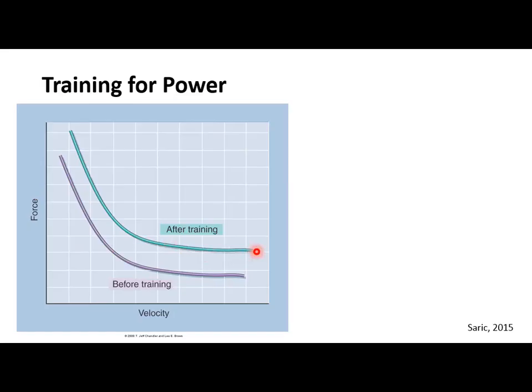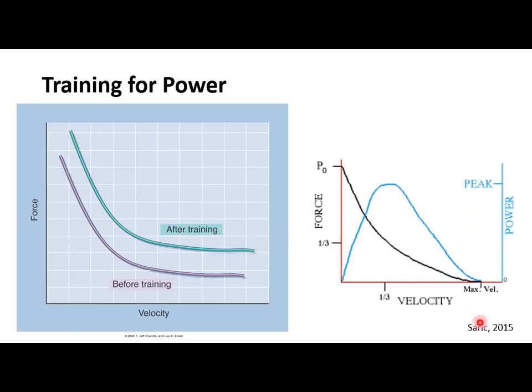You're able to impart more force onto the implement at every velocity of movement. That means kicking the ball harder, throwing the javelin further, throwing the shot put further, throwing the ball further, hitting the guy harder, sending him through the ropes.